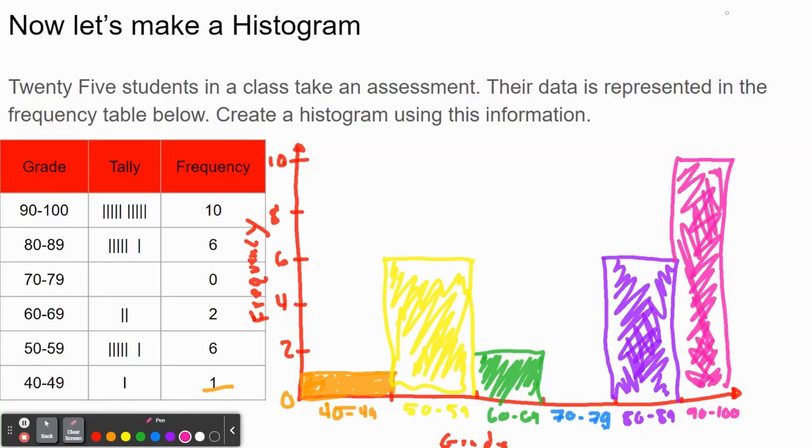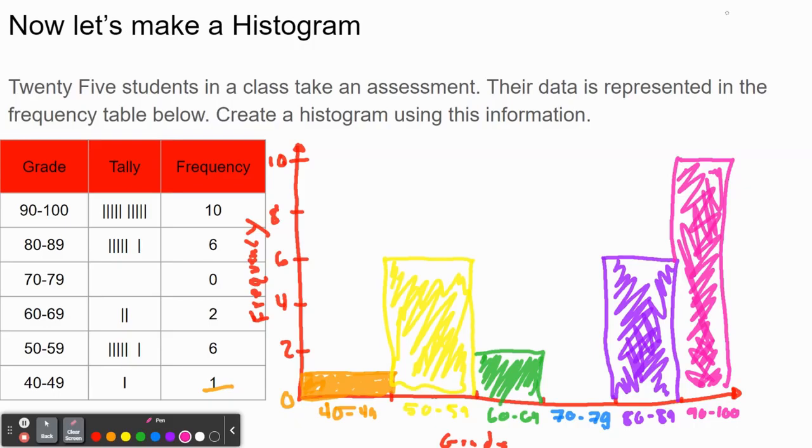Alright, and there we have our completed histogram. In an ideal world, you'd want the widths of all these columns to be the same. If you've got graph paper, this is a great place to use it. But given the fact that I'm doing this on Screencastify, it's a little bit harder. But there you go. So we have our histogram.